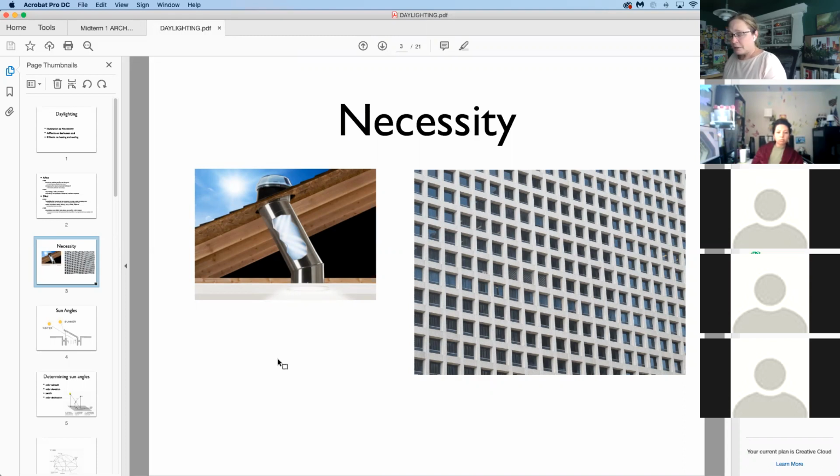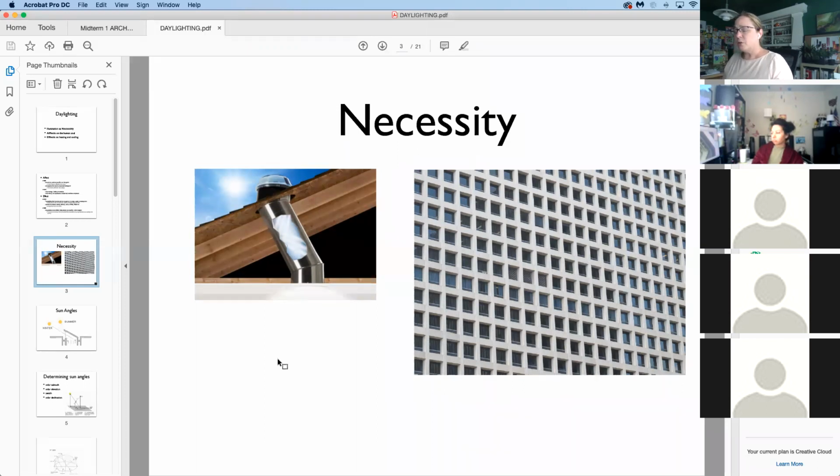The actual product, Solar Tube, is manufactured here in San Diego, and too bad we can't do field trips, or it'd be fun to go to the factory, but they can get pretty sophisticated, and they use reflectors and mirrors inside if they have to bend the light a certain distance to get that daylight down into a space.